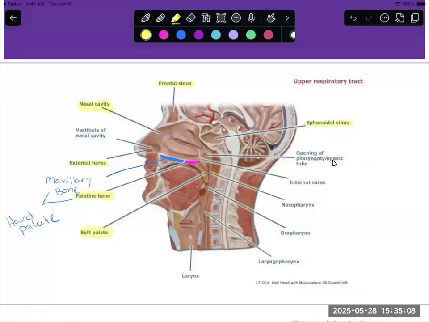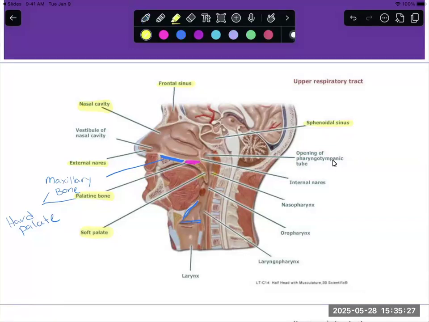It also actually pushes down on this epiglottis here to cover that trachea, so fluid and liquids can actually get down that esophagus. We'll do that again when we get to the digestive system.